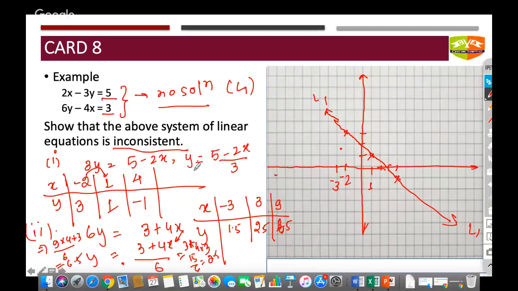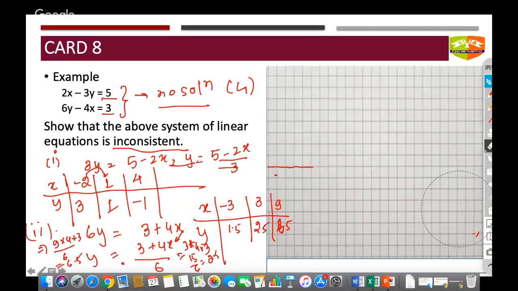have I made any mistake? This is the first line graph. I'll draw it once again. In the first line graph, y is equal to (5 minus 2x) divided by 3.